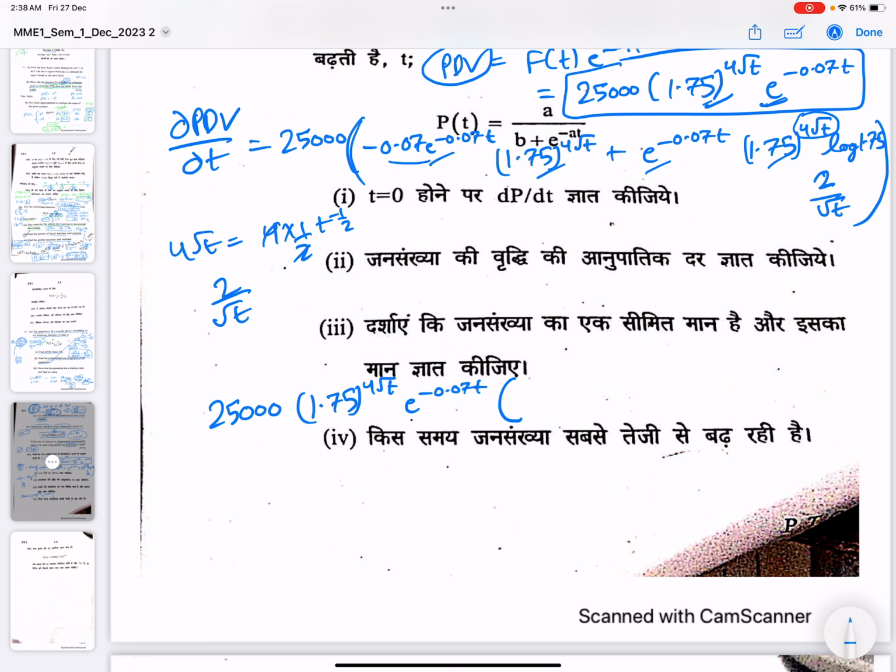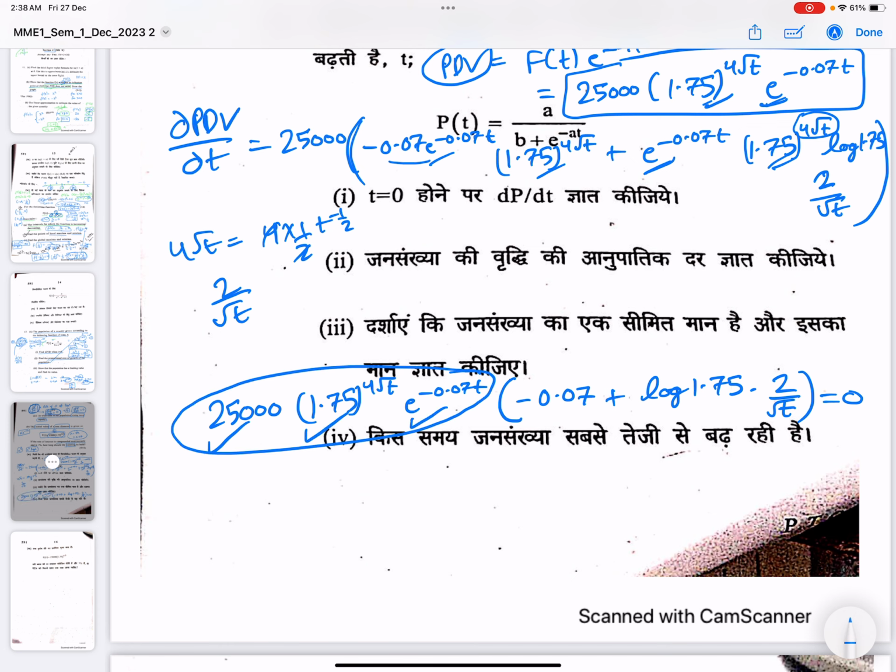We're left with minus 0.07 plus log 1.75 into 2 by √t. So this needs to be 0. This is positive, this is positive, this is positive, so this cannot be 0. We are left with this value needing to be 0 for the first order condition.